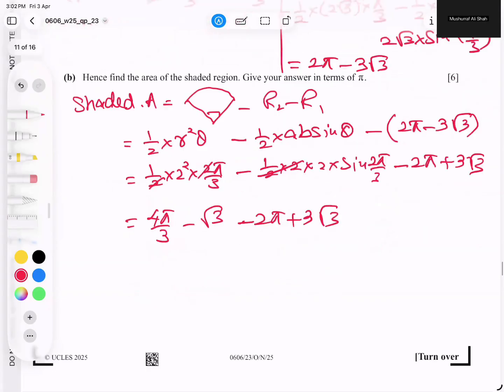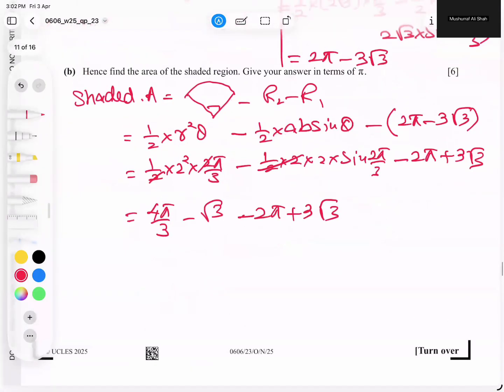Okay, now I have two things, so I'm going to solve this with this. 3 twos are 6, out of 6, 4 gone. First of all, this and this subtract. I got 2 root 3 positive, and 4 over 3 minus 2, and I got a negative 2 pi by 3. And he said to give your answer in terms of pi.